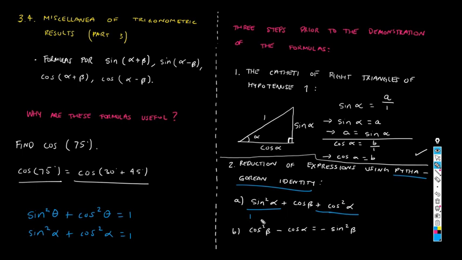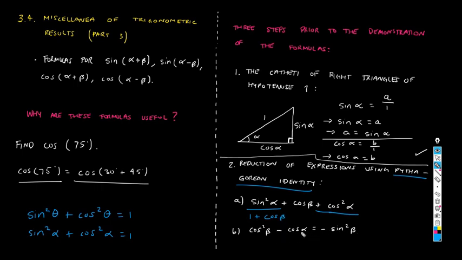And I still have this other term in here, so it's going to be plus cosine of beta. So this is the reduction of this by using the Pythagorean identity. They are equivalent. This whole expression is the same as this expression, but this is a reduced version of this one.